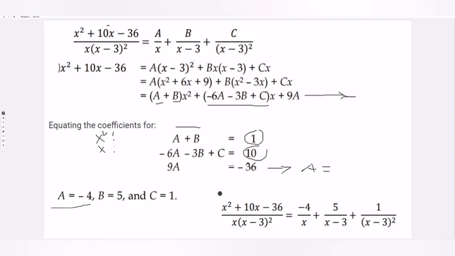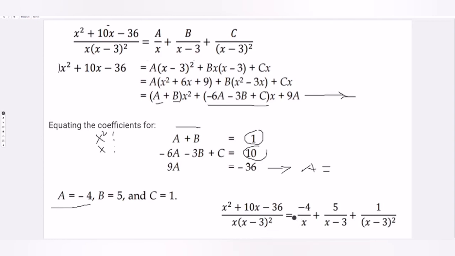So overall, the final answer for the partial fraction decomposition of this kind of repeated linear factor that we had in our example is x squared plus 10x minus 36 over x times (x minus 3) squared. Again, this is under the repeated linear factors.